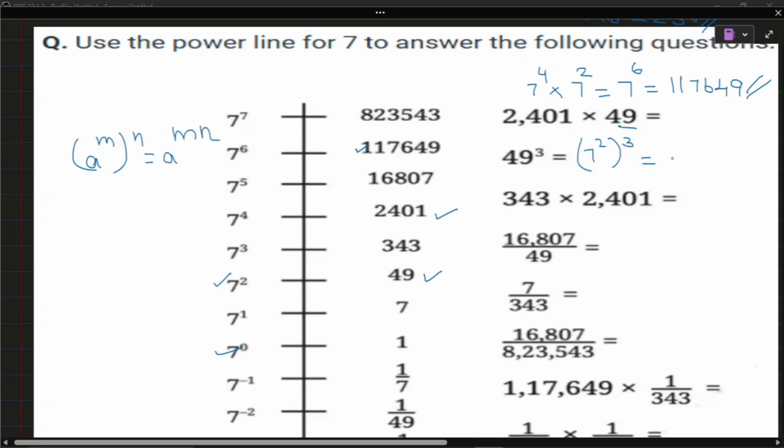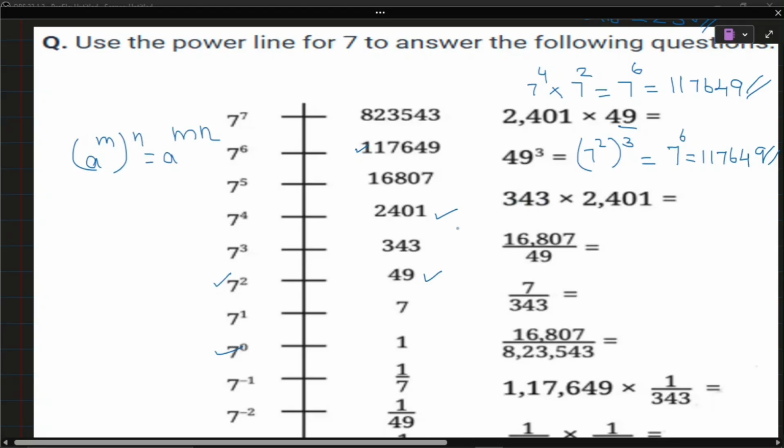So here you can use this law: 7 raised to 3 twos are 6, 7 raised to 6. And for the answer, 7 raised to 6, the corresponding number you can write from here, that is 117,649. The previous answer here also you will get.